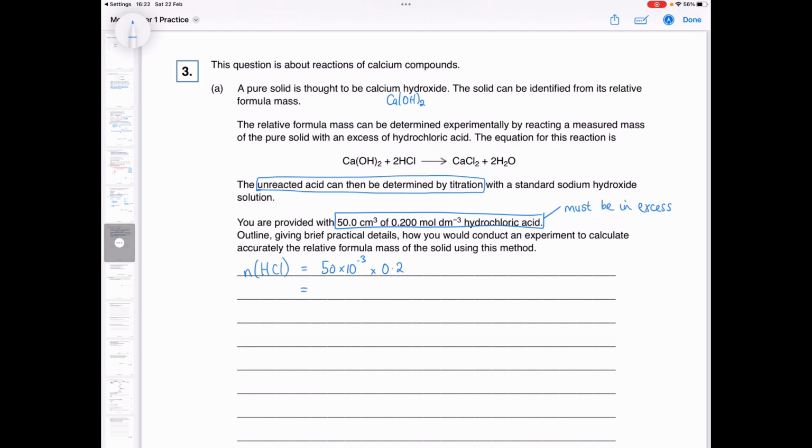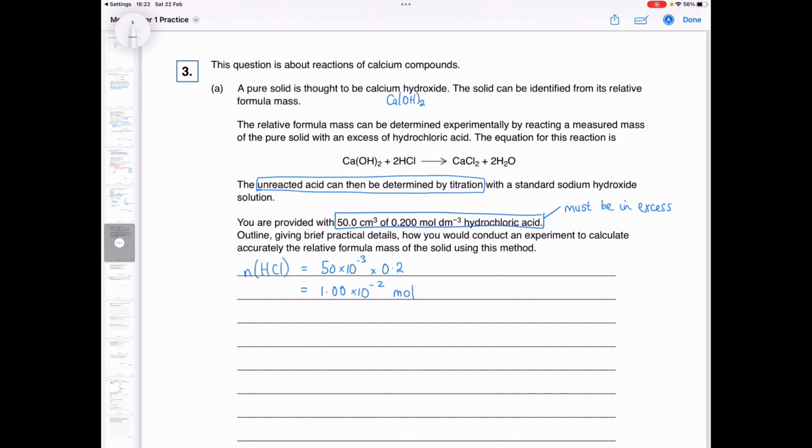So we've got concentration times volume, 50 times 10 to the minus 3 times 0.2, and that equals 1.0 times 10 to the minus 2 moles.